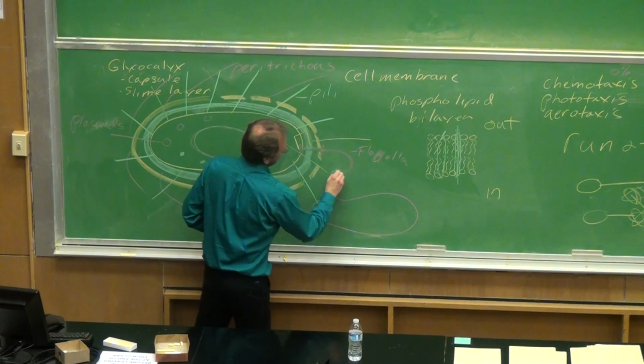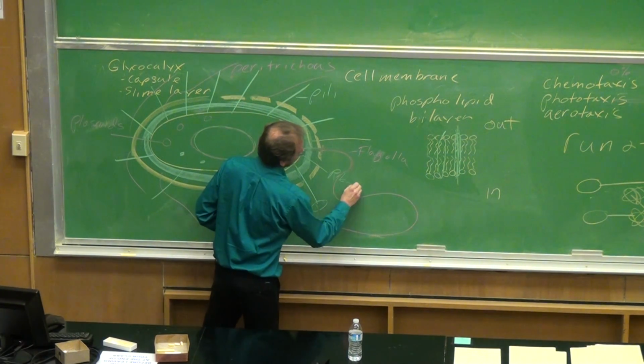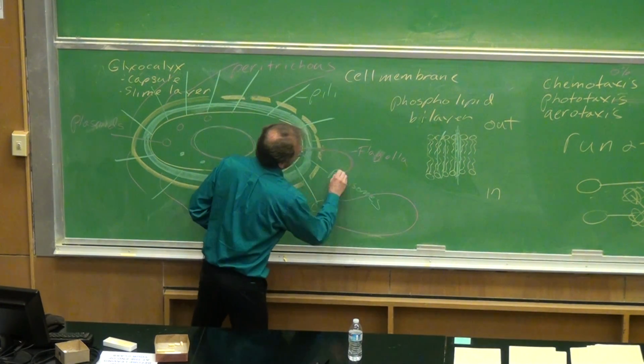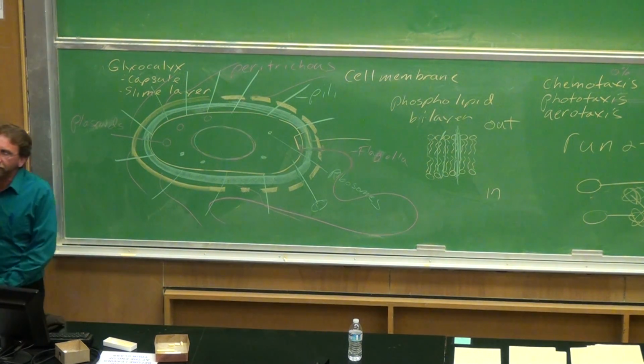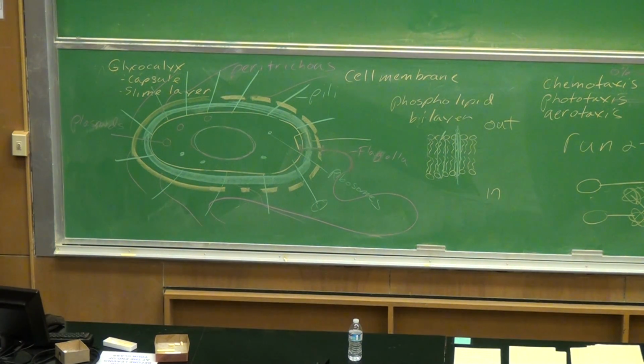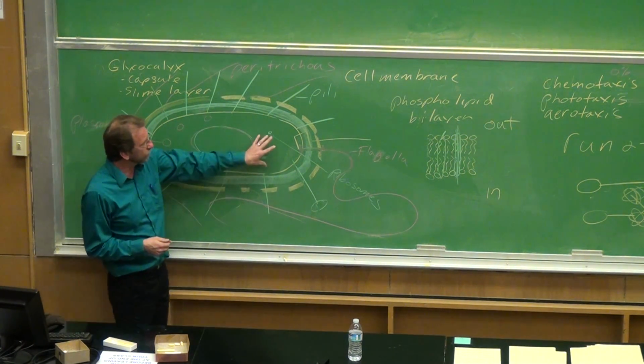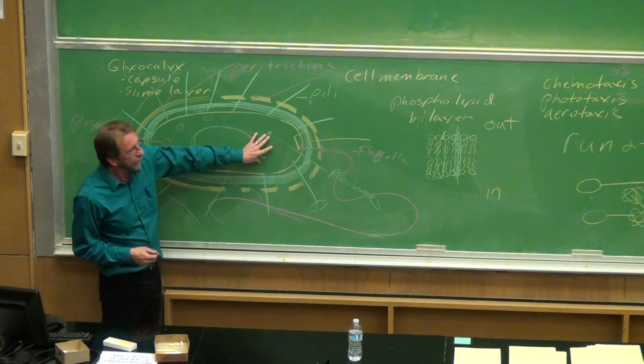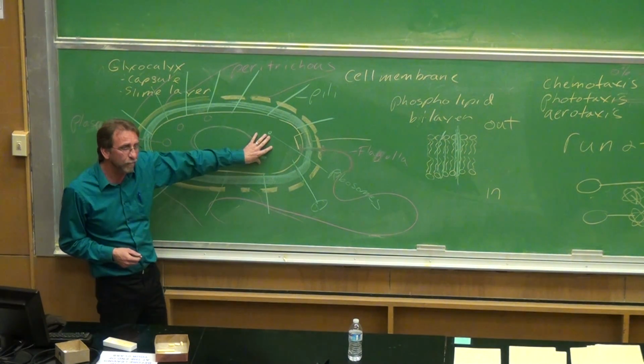We'll also find ribosomes. These ribosomes are different than eukaryotic ribosomes, different than the ribosomes we have. They're slightly smaller. This is where protein synthesis is taking place.